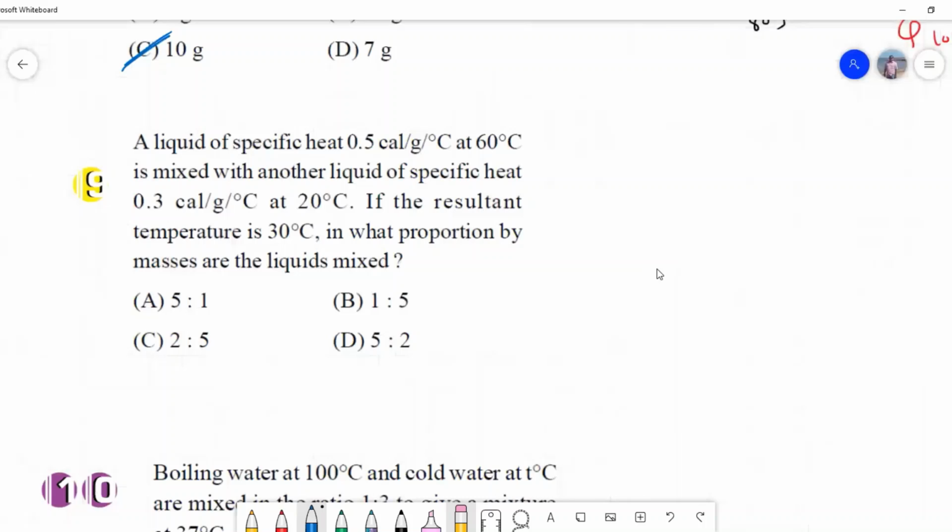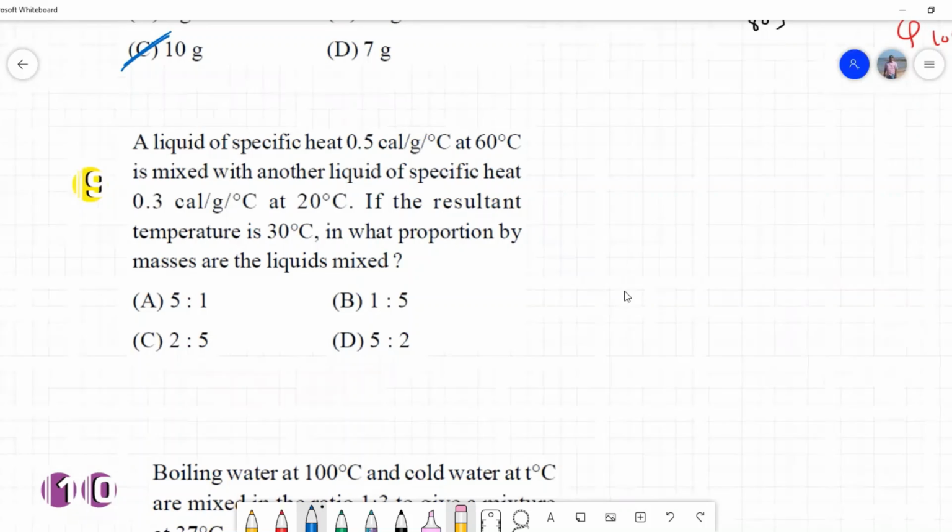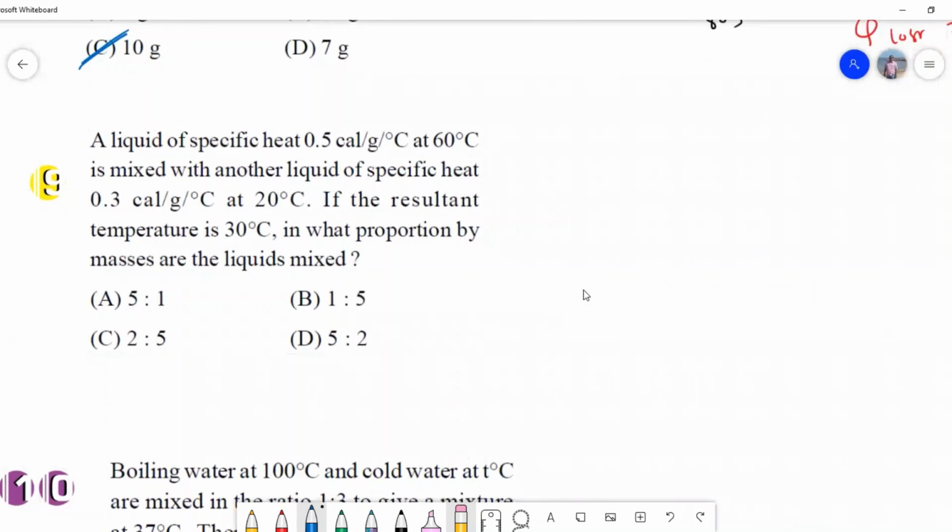Now let's move on to problem number 9. A liquid of specific heat 0.5 calorie per gram per degree centigrade at 60 is mixed with another liquid of specific heat 0.3 at 20. Again, let us take liquid A, whose specific heat is given as 0.5 calorie gram inverse centigrade inverse, and the temperature is 60.